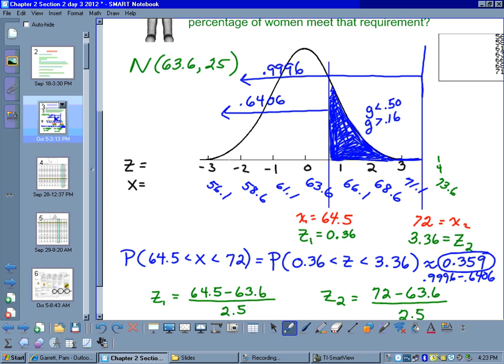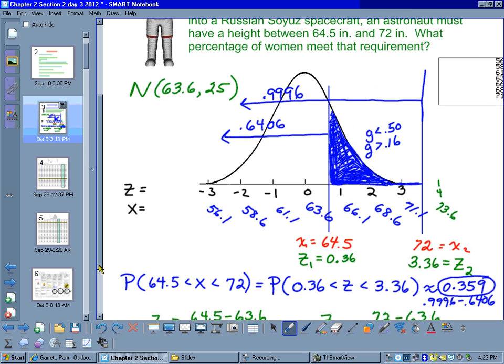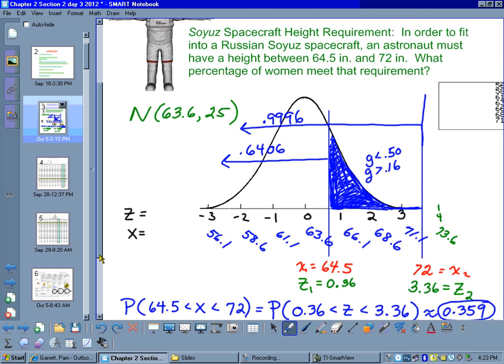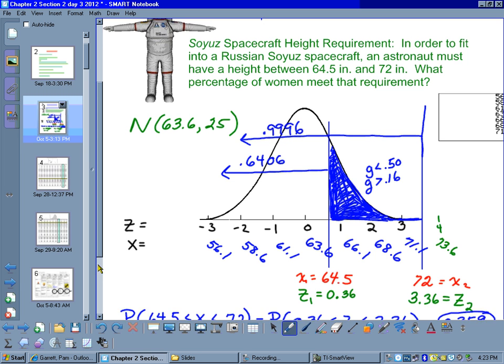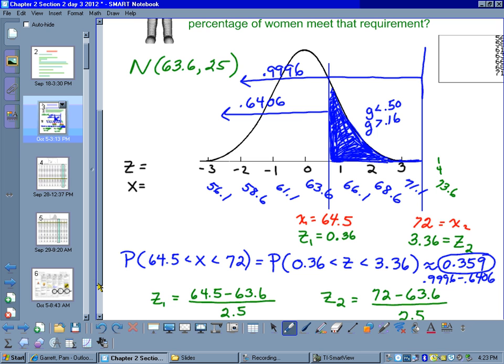This can be interpreted as the following. There are only approximately 36% of women who could fit into the Russian spacecraft. So what percentage of women meet that requirement? Approximately 36% of all women would meet the requirement.